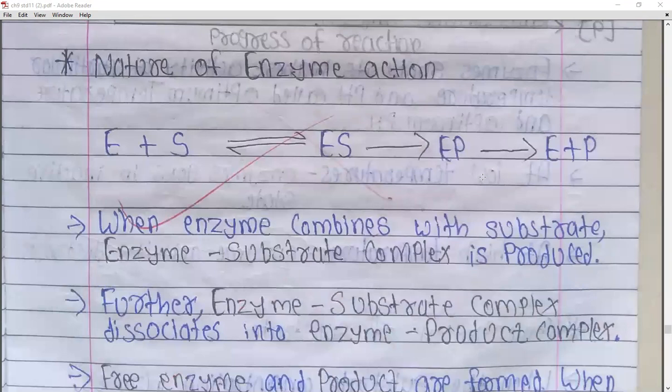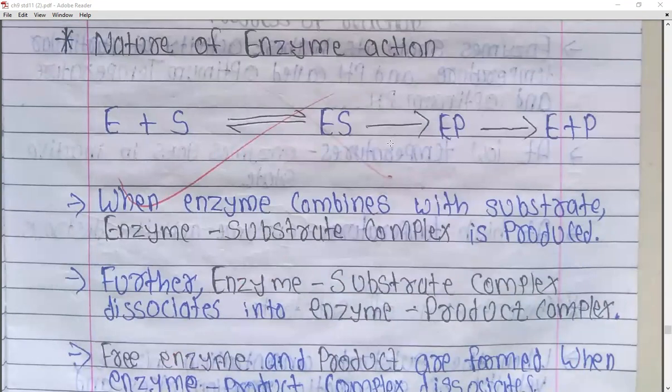Next, now what is the nature of the enzyme action? Normally, the whole theory is based upon this reaction. This enzyme plus substrate forms the enzyme substrate complex. This enzyme substrate complex gets converted to the enzyme product complex, and this enzyme product complex gets dissociated to form the free enzyme plus the product.